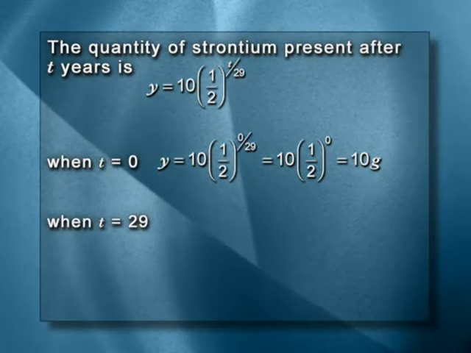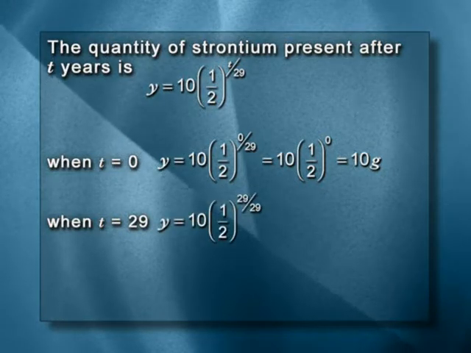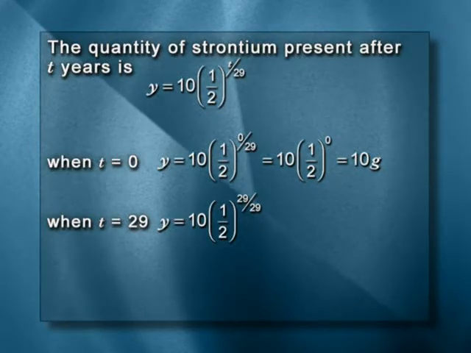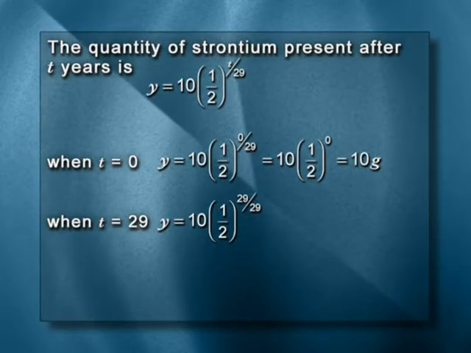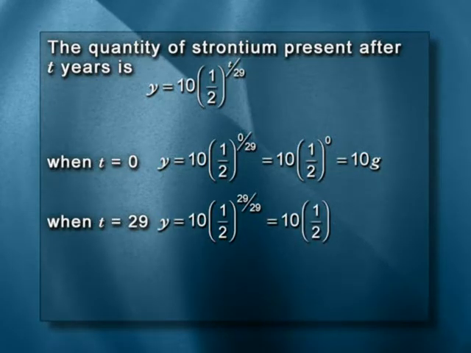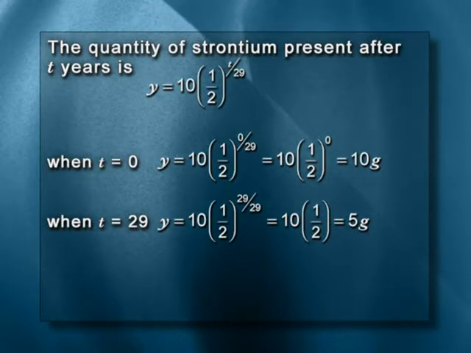You would plug 29 in for t, and watch what happens. You'll see now what half-life really means. Your exponent is now 29 over 29, which equals 1. And so it's 10 times 1/2, which means 5. And that's what half-life's all about. You start off with 10 grams, and 29 years later, you have half the amount.